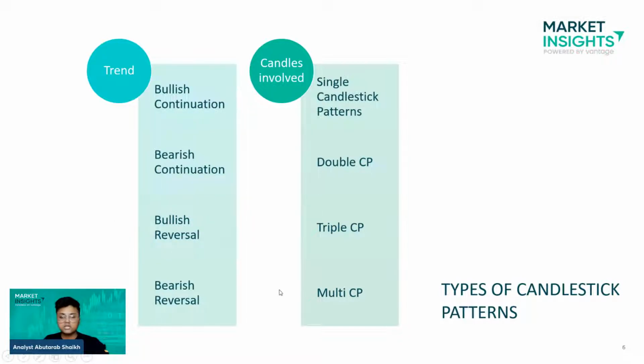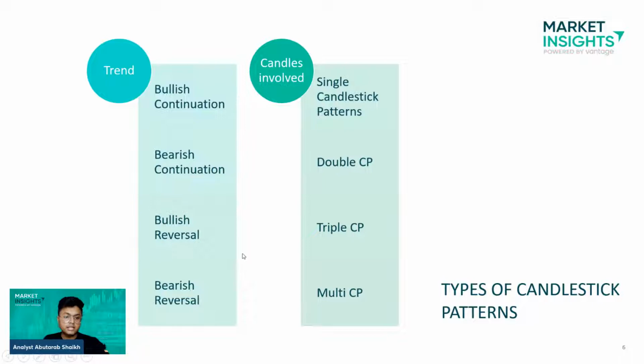Bullish continuation basically means that if the price is moving up and a certain candle is formed, it is going to continue being bullish. Same thing you can apply to bearish continuation. If the market is bearish and a candle is formed that suggests the bearish movement will continue, that is called a bearish continuation.